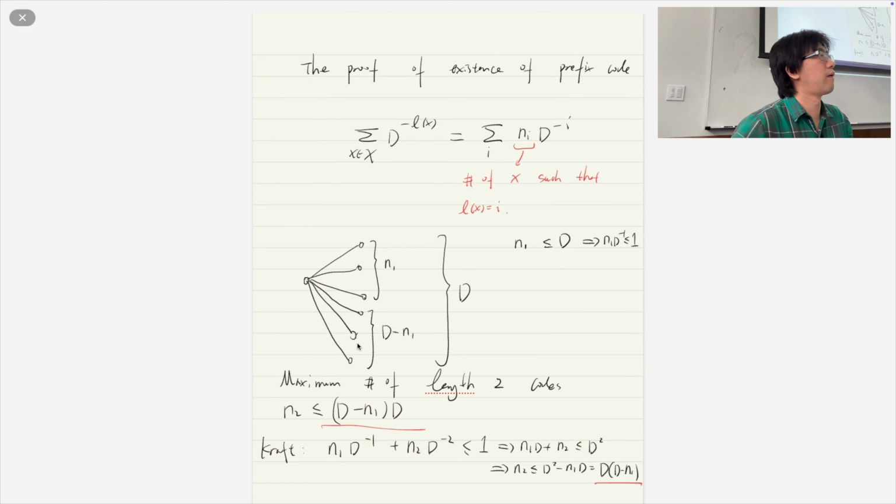And a length 2 code extends another branch off of n1? Yes, of course. The n2 codes will be like this, and the total number here is D. Is that clear? All right, so are we done?